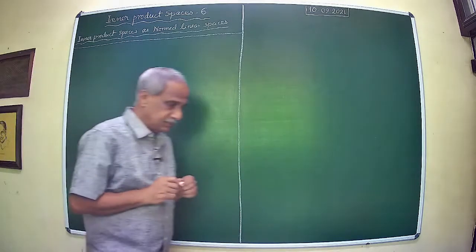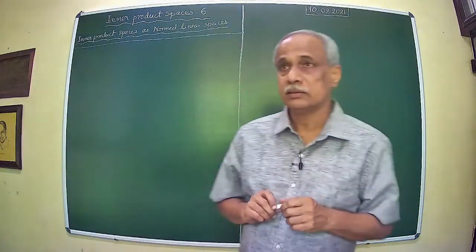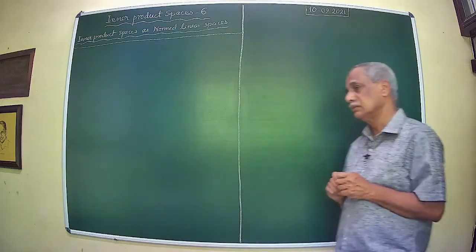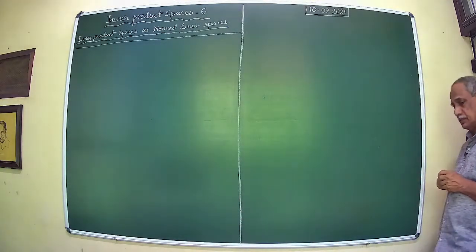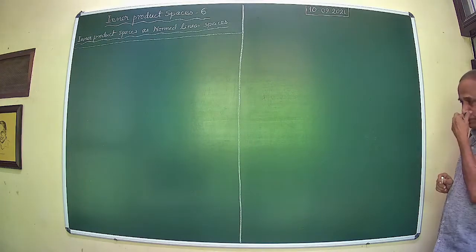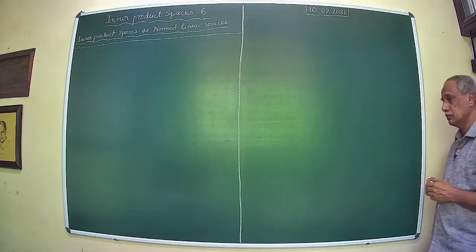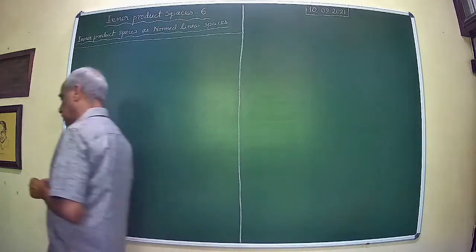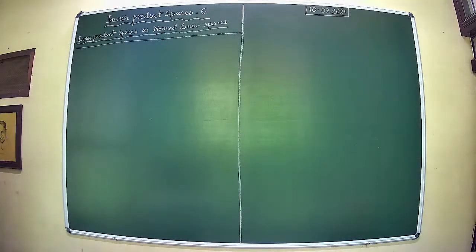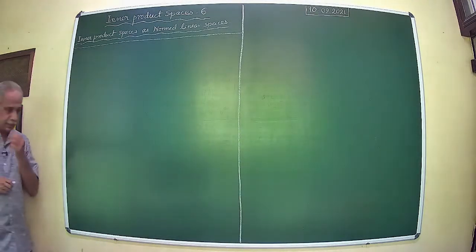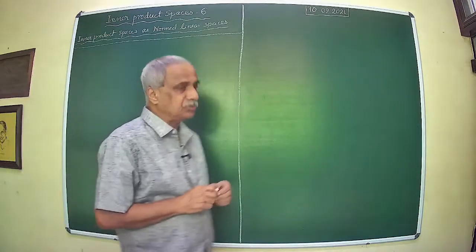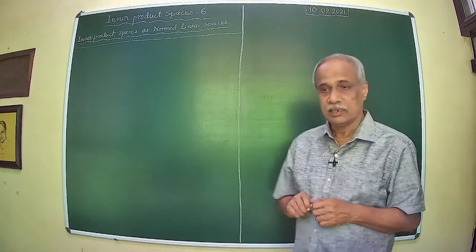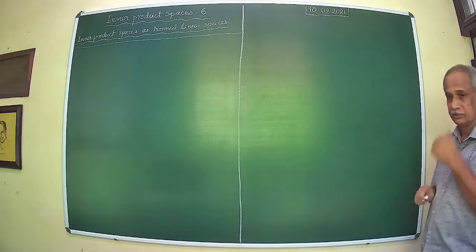In the last lecture, we concluded by saying that the inner product space is a normed linear space. And once it is a normed linear space, it induces a metric on the space.